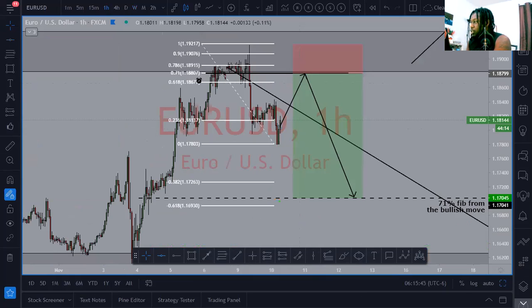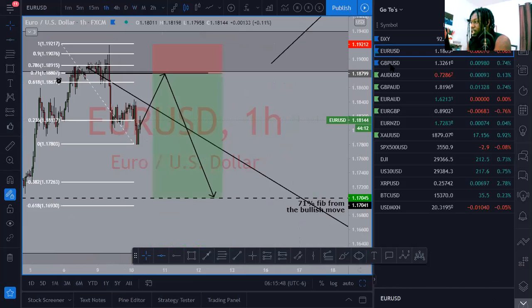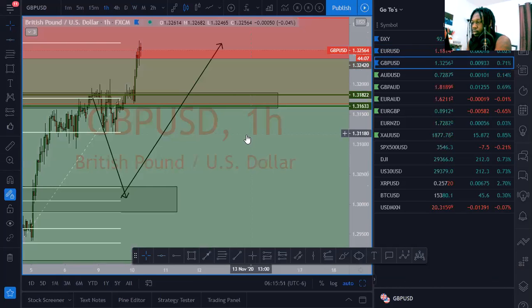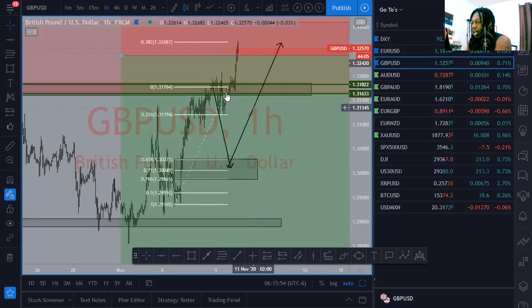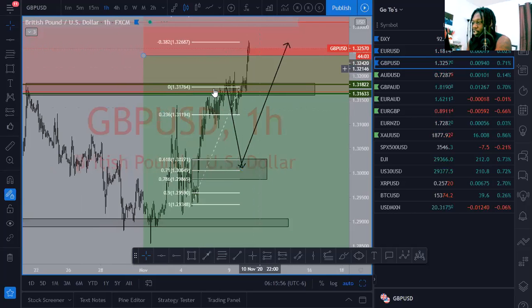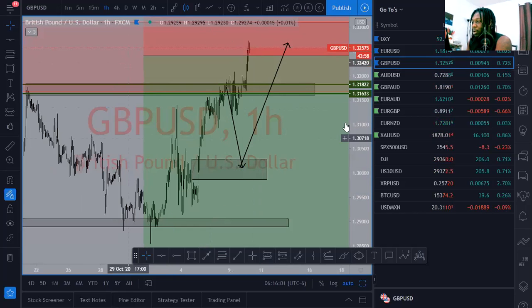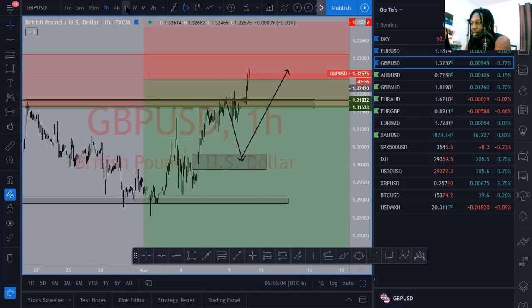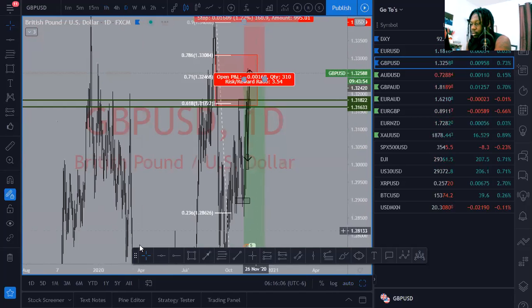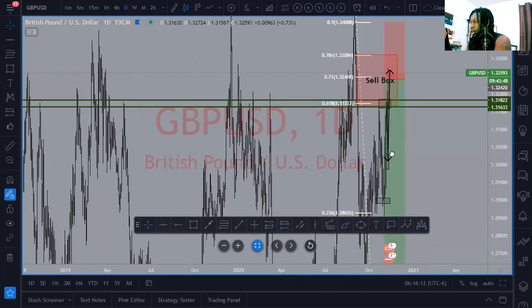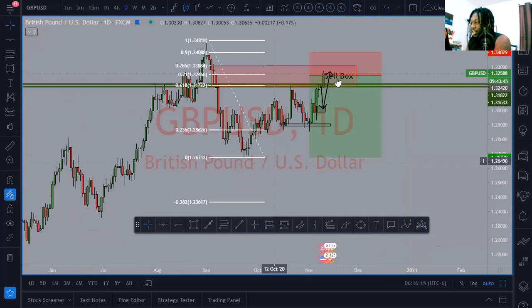Go ahead and go on to GBP USD. All right, so GU, I wanted the retracement before coming into the upside, but it definitely didn't do that. But it's still at the entry that I wanted, because if we go onto the daily time frame, we can see that price came to my sell box and it came to the 71%.